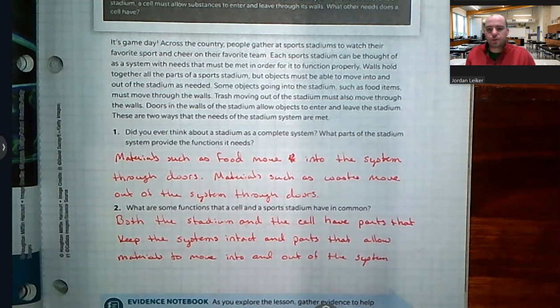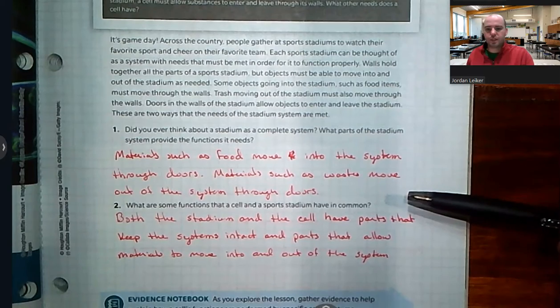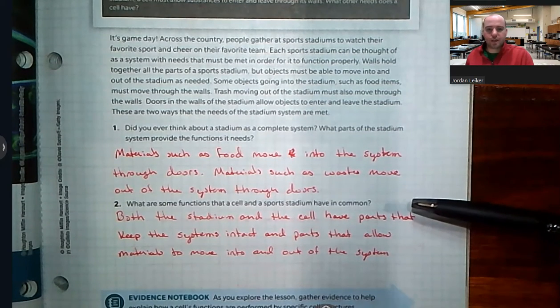And so, material moves in and out of the system through the doors. So like in a sports stadium, materials move in and out of the stadium that's needed. Materials such as waste move out of the doors. Materials such as food and drinks for the concession stands, the equipment for the players and such move into the stadium. And so what are some of the functions that a cell and a sports stadium have in common?